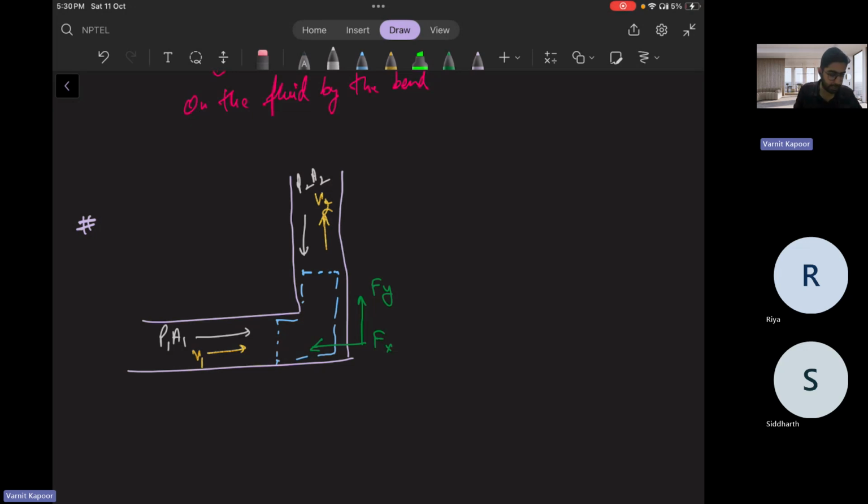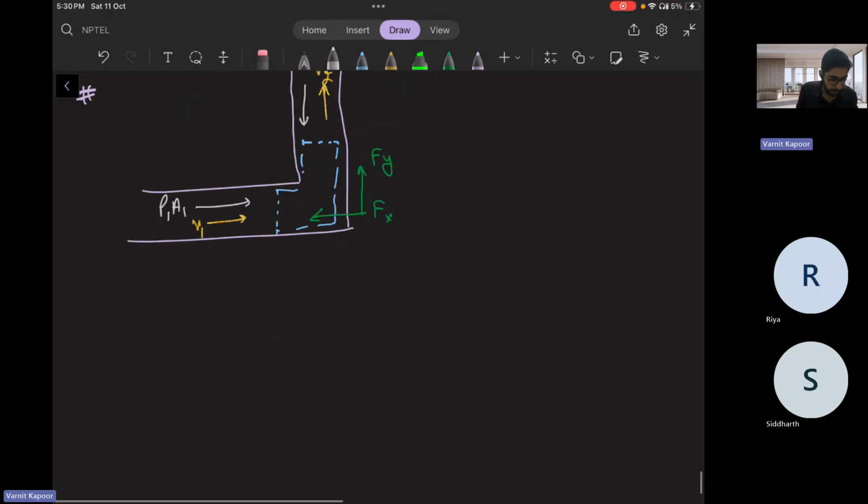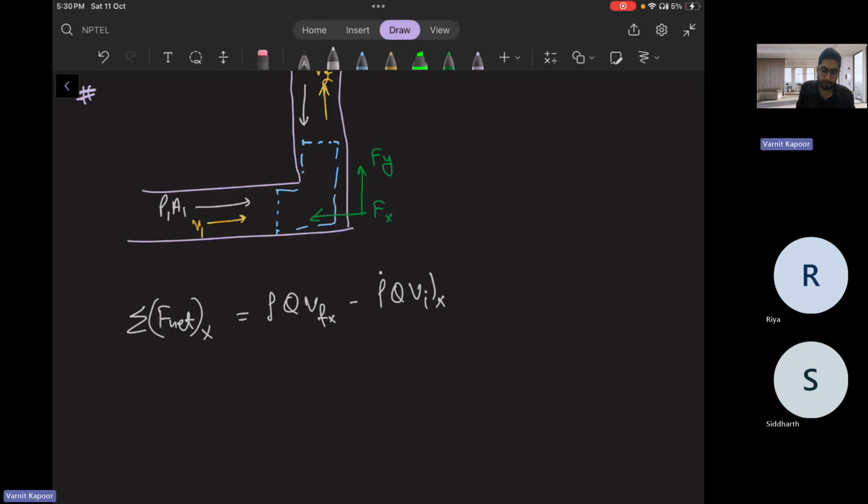So let us suppose balance in both directions. F net in x direction is nothing but rho Q Vfx minus rho Q Vix, final and initial. Clear? So what is the net force in x direction? We assume that this and this are positive.